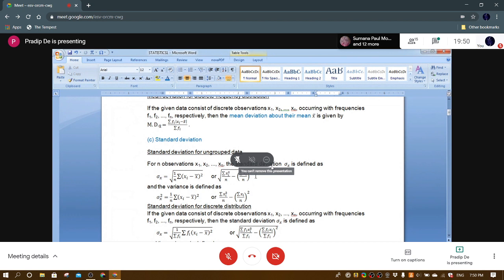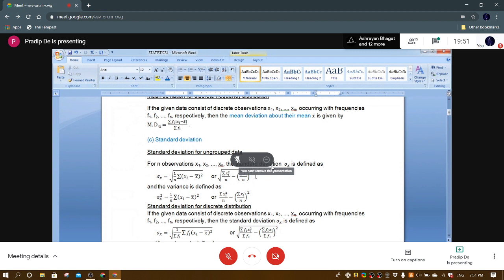We just make a column for x square. The values of x will be given to us. Then you find out sigma x and sigma x square, and divide by n, put the values in the formula, and you get the answer.